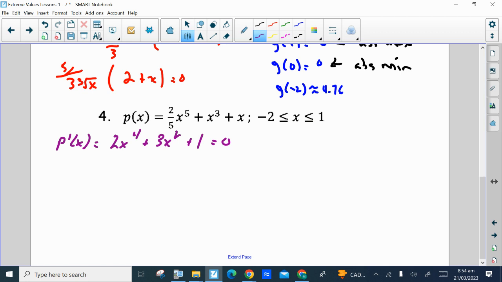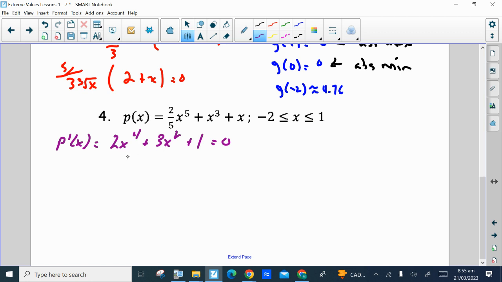Now, remember our critical points come from where the first derivative equals 0. And that means that the function changes from being positive to negative. But if we look at this function for the derivative, the power on the first x is 4, the power on the second x in the second term is 2.